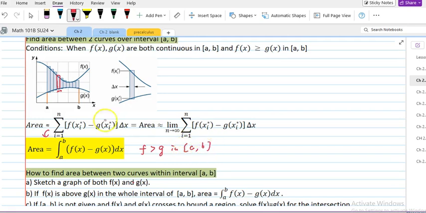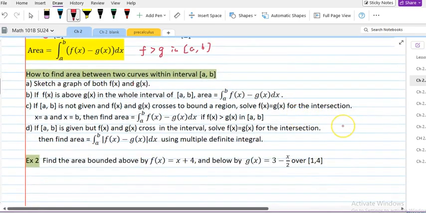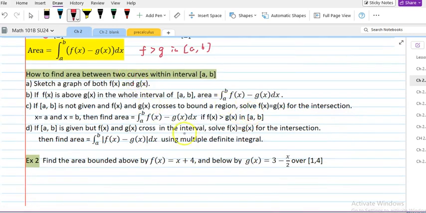We don't care if it is greater than it later, because f can drop and g can go up, but in the whole interval, f is greater than g. So what happens if it is not, if f is below g in some cases, or if I don't have an interval given? We'll talk about this in cases C and D. Okay, so this is the how-to.